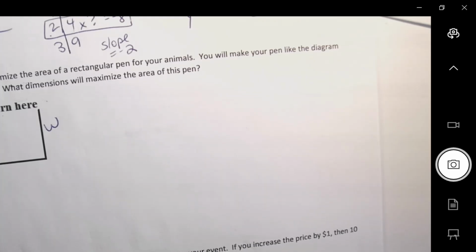Okay, so what I have is 1,000 feet of fence all together. So all of that adds up to 1,000. Can you write me a math equation with that wording? All of that adds to 1,000.